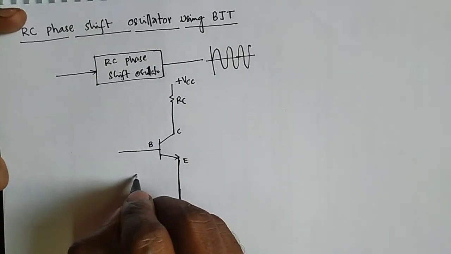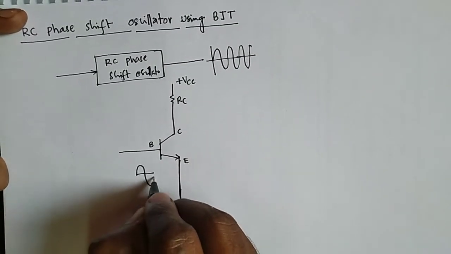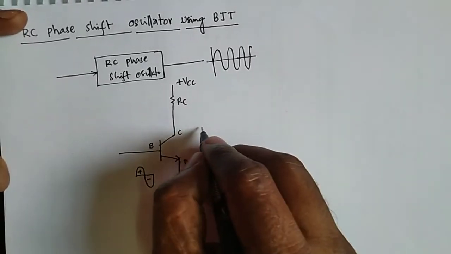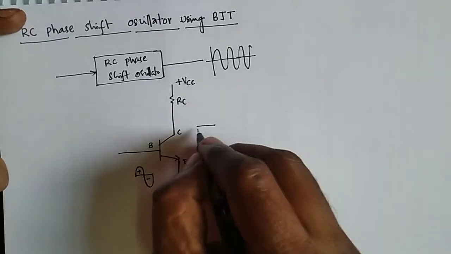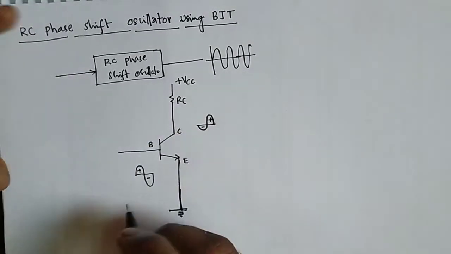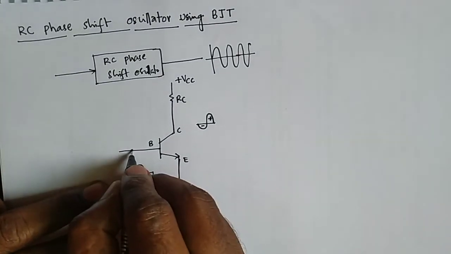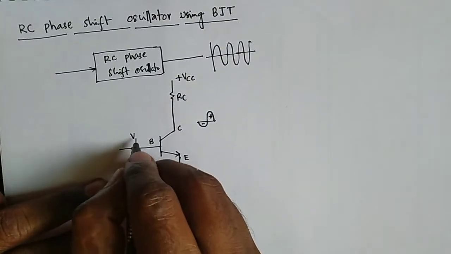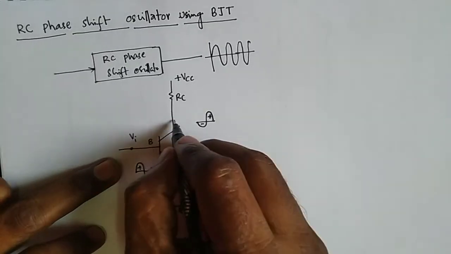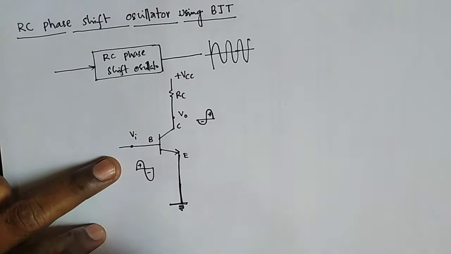If you are applying any signal like positive and negative, the transistor acts as an inverter. We are applying positive, you will get negative, and applying negative, you get positive. Generally we have some input voltage, that value is VB or VI. At output stage we are getting V0.